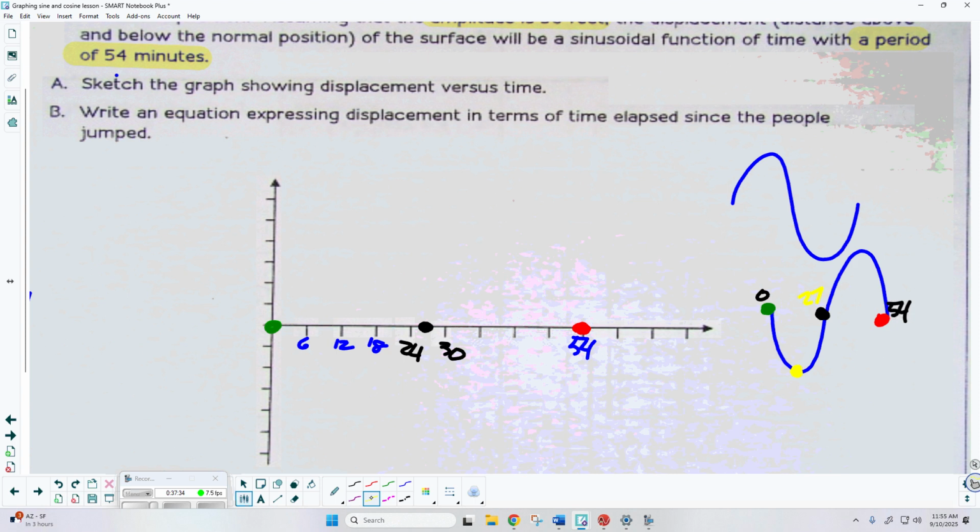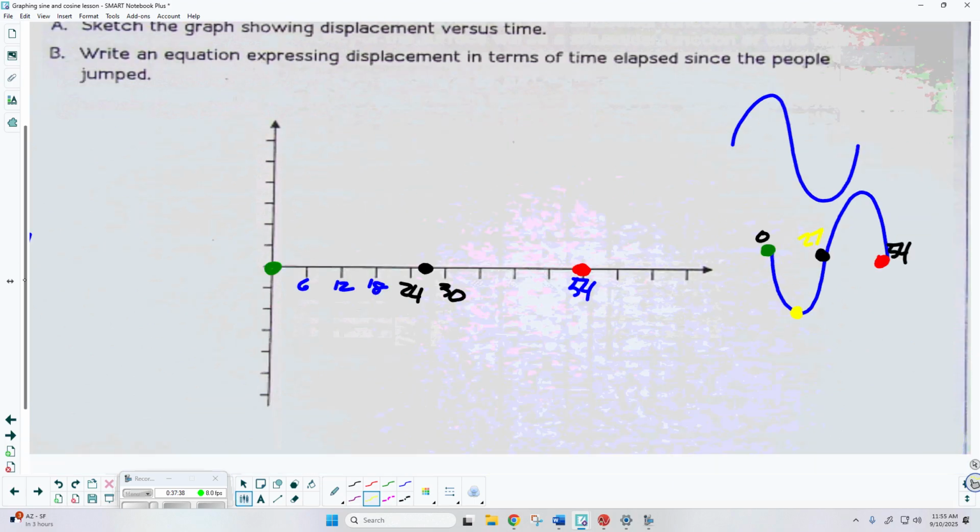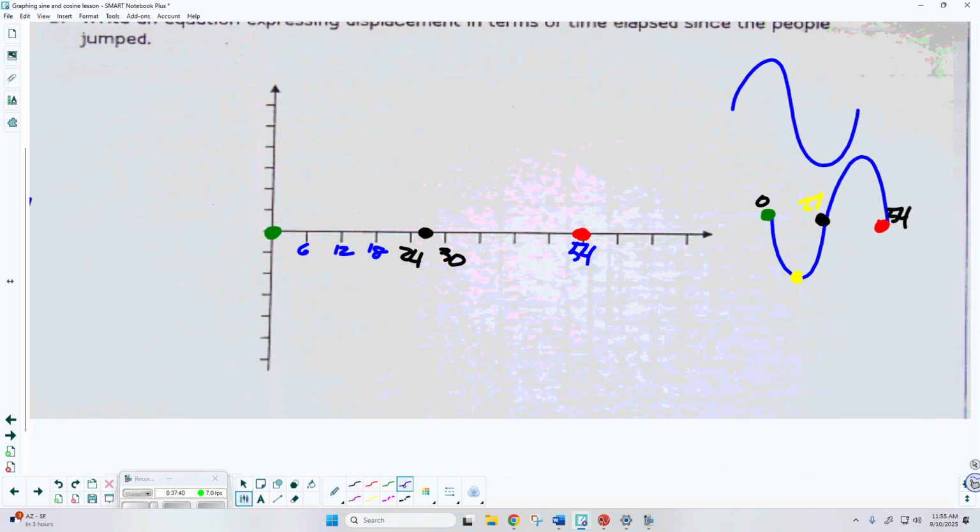How far down is the ground supposed to go? 50. Okay, so that's why vertically, I went ahead and counted these by 10s. So let's say that 13.5 is like right about here. I'm just kind of estimating. So negative 10, 20, 30, 40, 50. There we go. Is everybody seeing how I'm matching these points up to what my graph should look like?